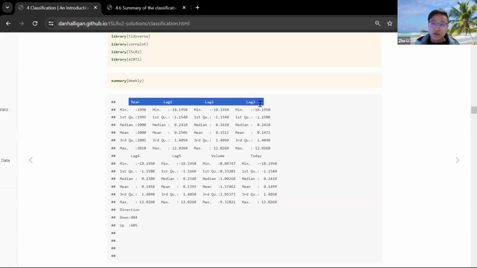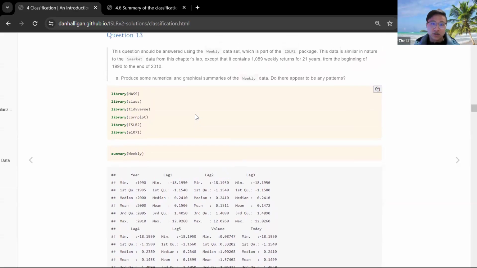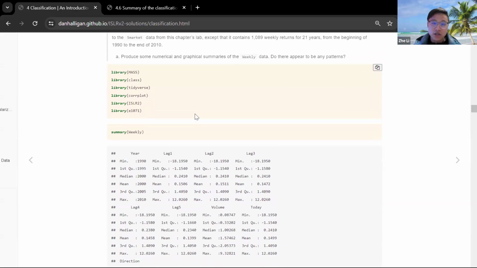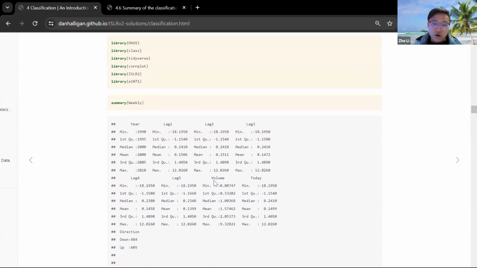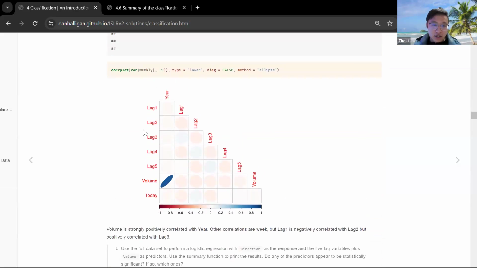Then there are predictors here, with the year as the first predictor. And the five lags are the time lag of each of their returns across the weeks, and the volume traded, and the today's performance of the stock.